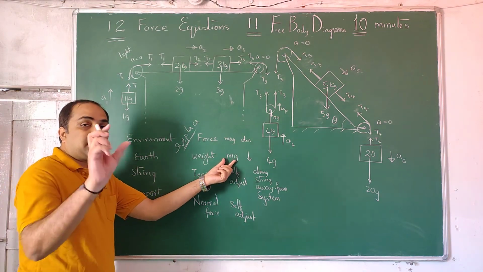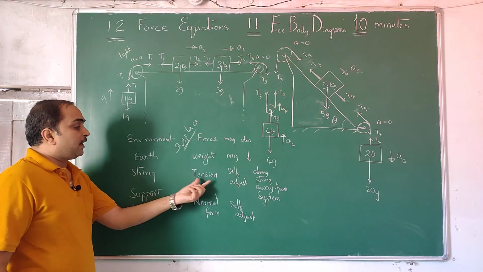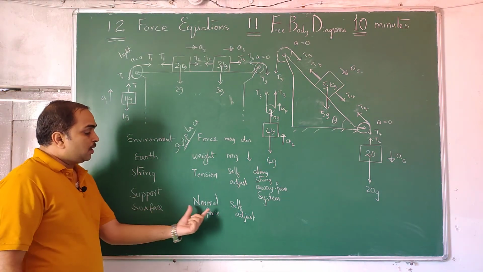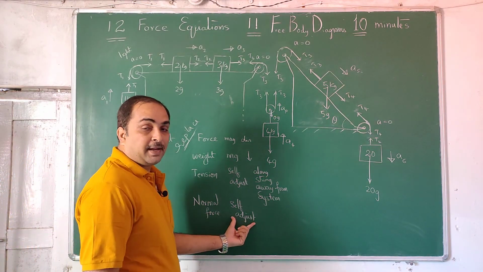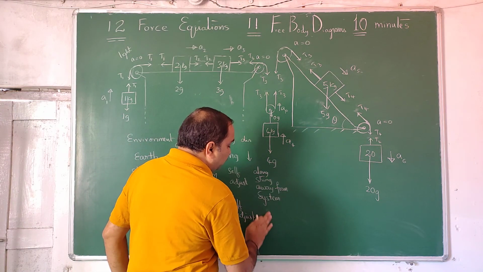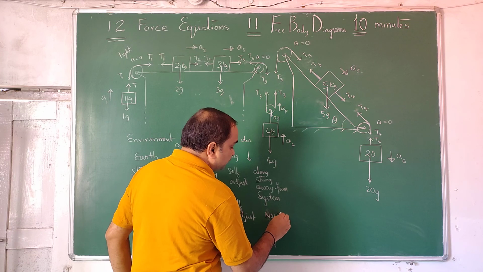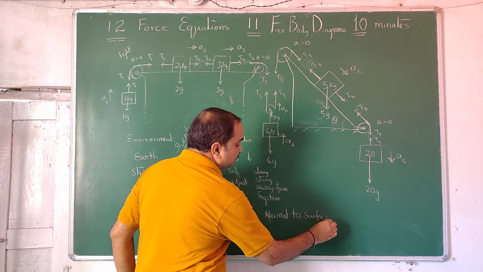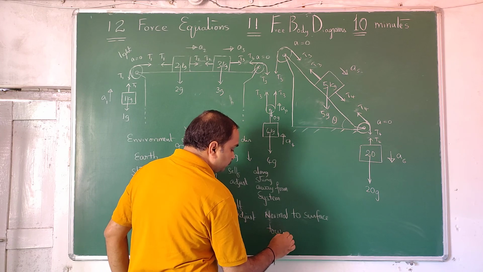Weight is a fixed value for that given mass. String: tension, self-adjusting type, along the string away from the system. Support surface: normal force, self-adjusting type, and perpendicular, normal to the surface, towards it.